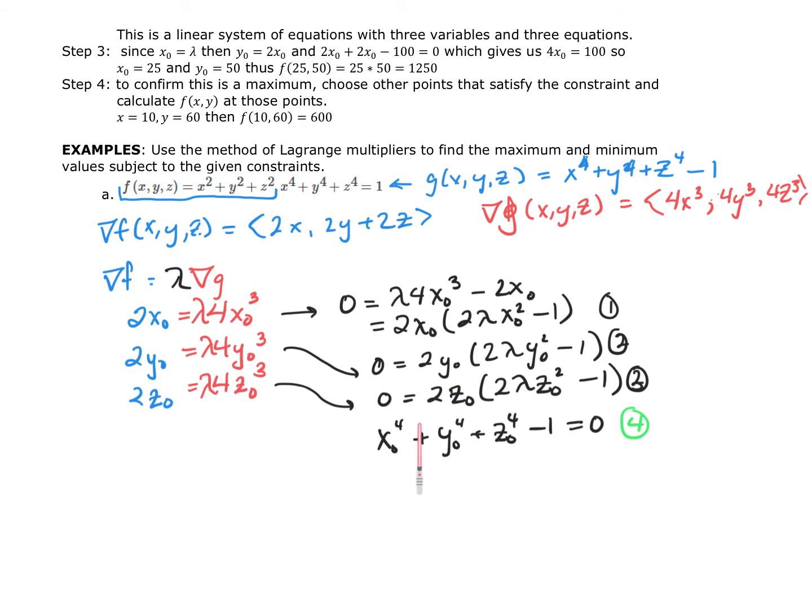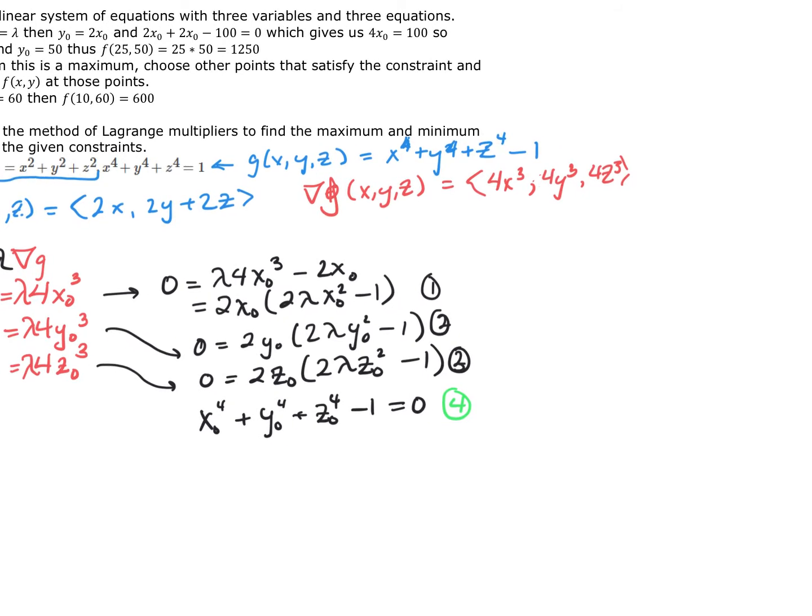Okay, so what we have from the first 3 equations is x naught could equal 0, or, by setting 2 lambda x naught squared minus 1 equal to 0, x naught equals plus or minus 1 over the square root of 2 lambda. I'm going to get the same thing for my y naught, which could equal 0, or y naught could equal plus or minus 1 over the square root of 2 lambda.